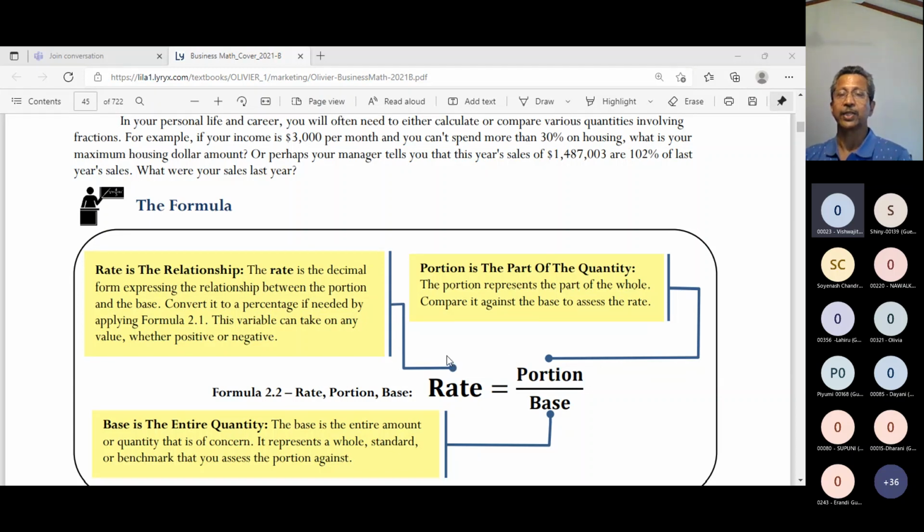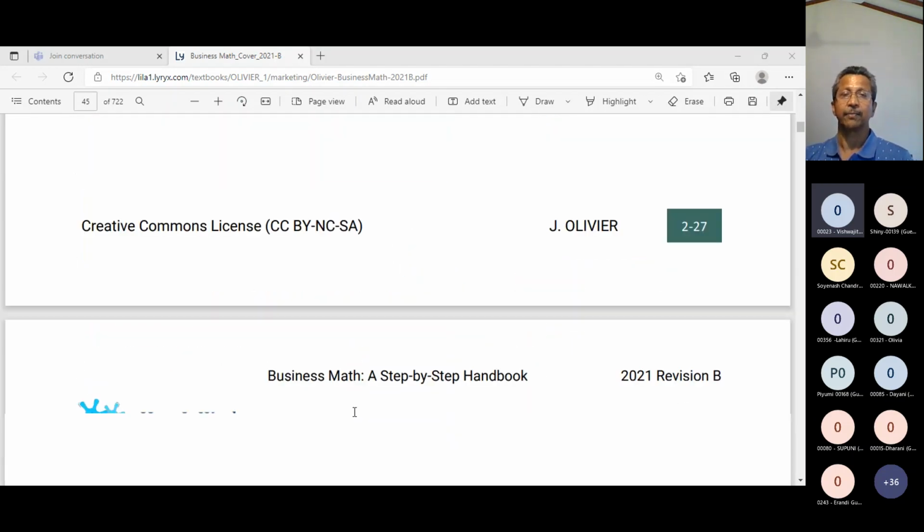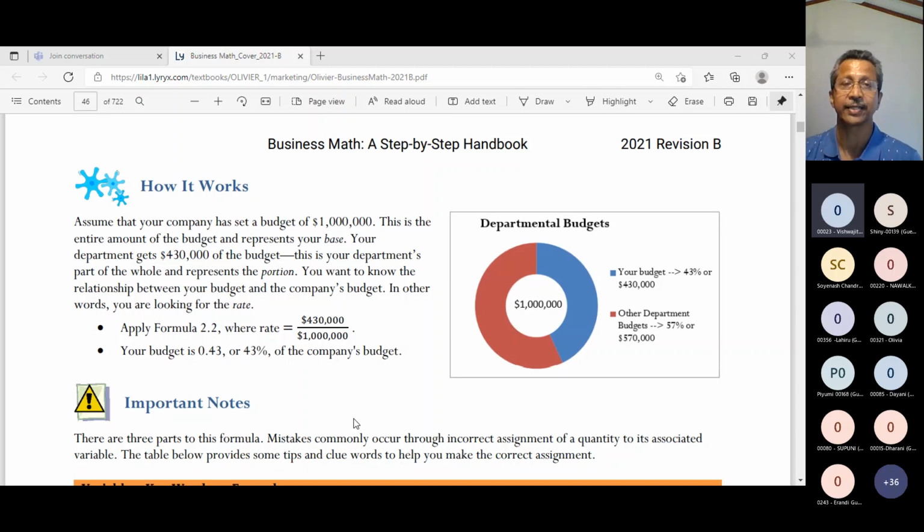The portion is the part of the quantity; it represents the part of the whole. Compare it against the base to assess the rate. The base is the entire quantity, the entire amount that is of concern. It represents a whole, a standard or benchmark that you assess the portion against. We'll go for an example and see.